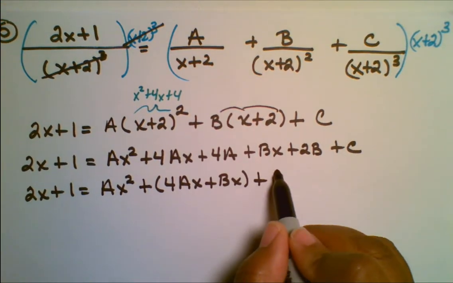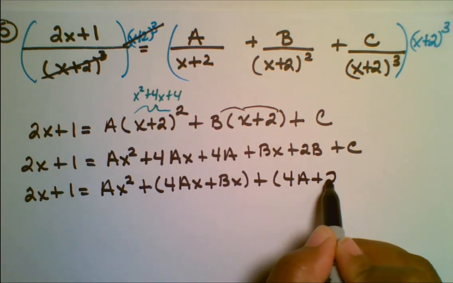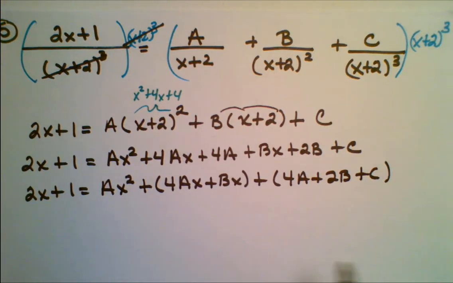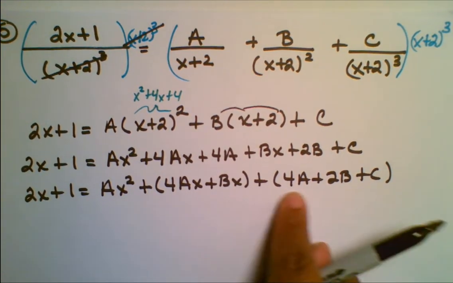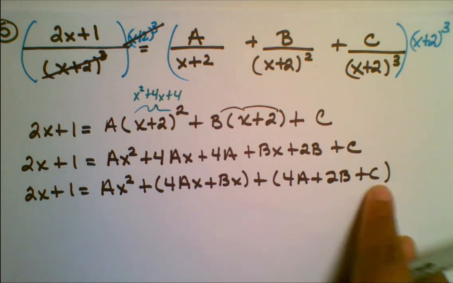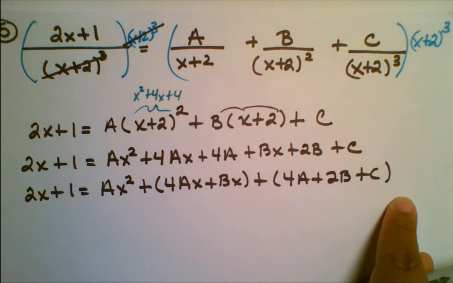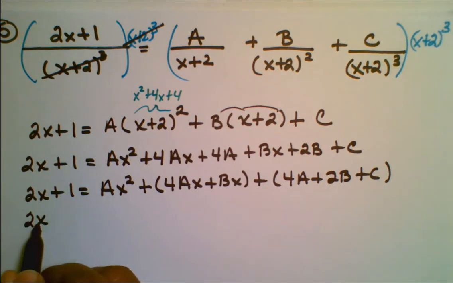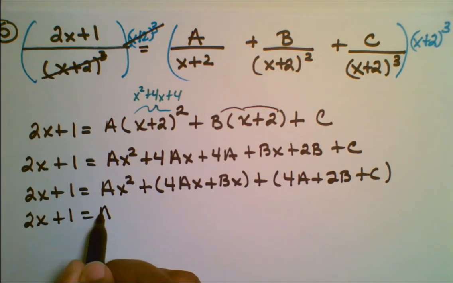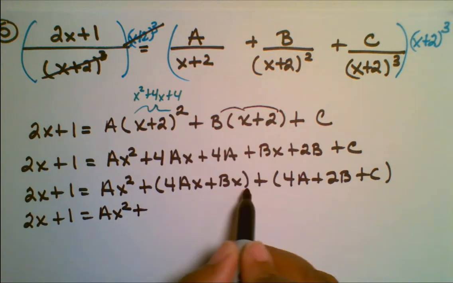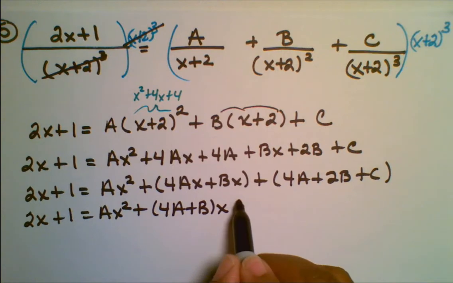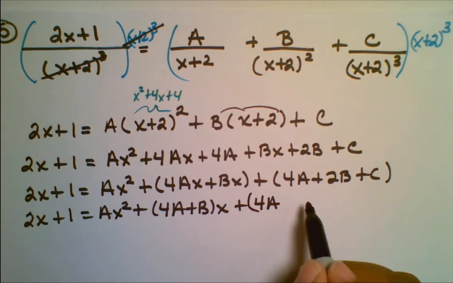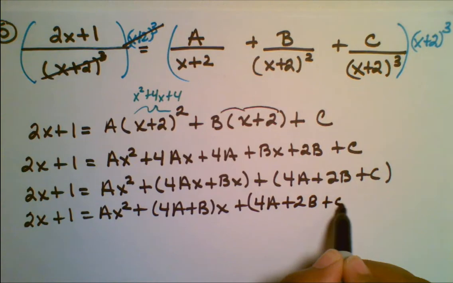Then we have our constants: 4A plus 2B plus C. Let's factor out the x here. So 2x + 1 equals A x squared plus (4A + B) times x plus our constant terms, 4A + 2B + C.